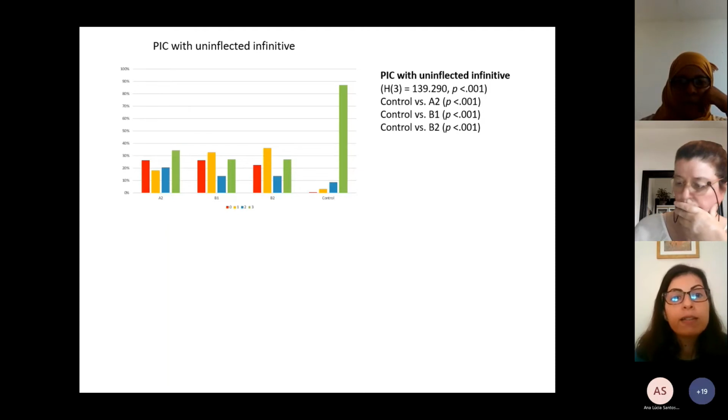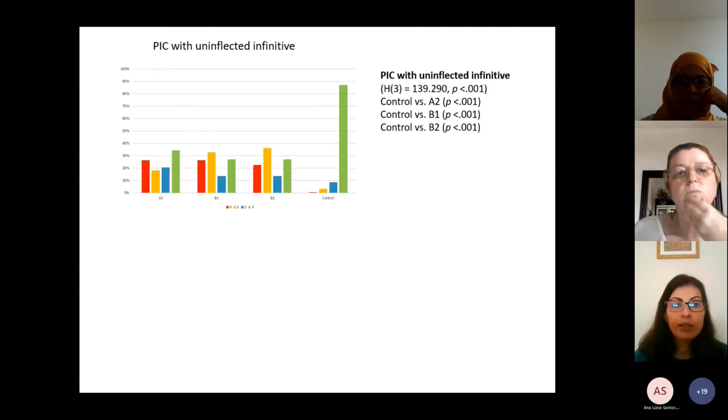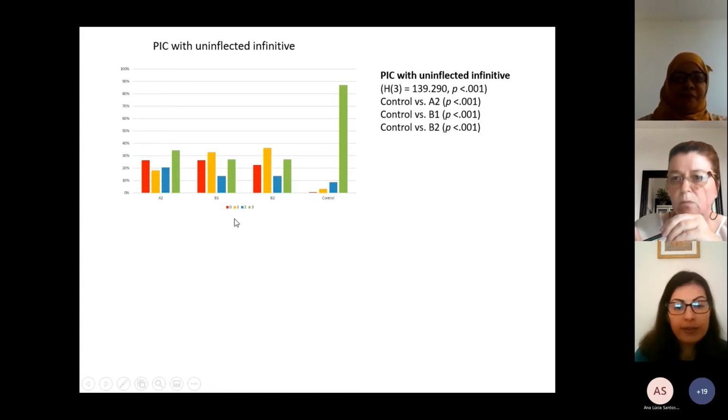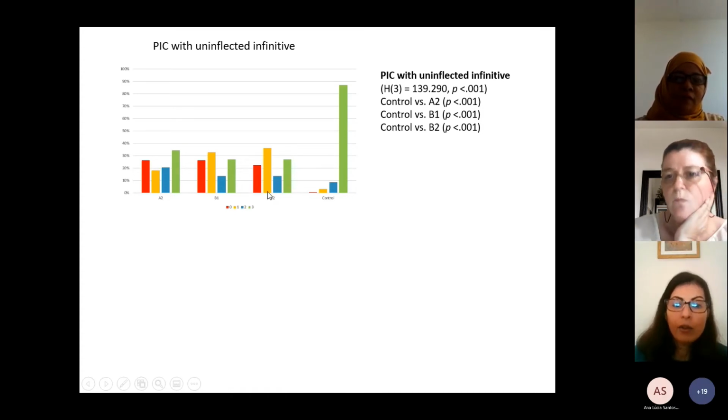Here are the results for the acceptance rates of PIC with an infinitive, and as we can see here, there is a clear contrast between the results of the control group and the Portuguese L2 group. So the green and blue bars correspond to the 3 and 2 points in the Likert scale, so acceptance, and the red and yellow bars correspond to 0 and 1.